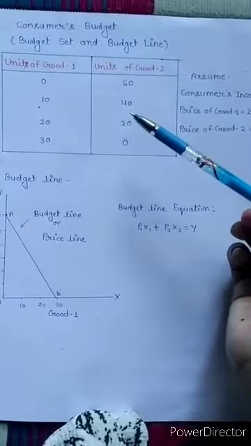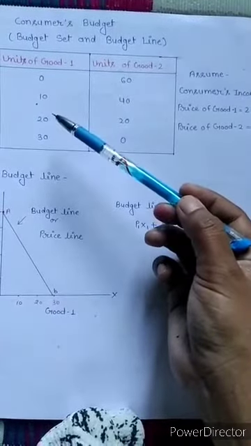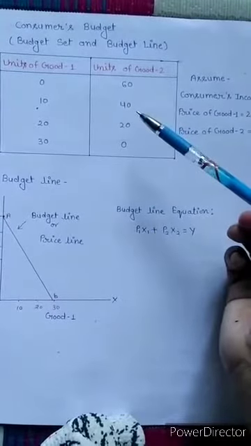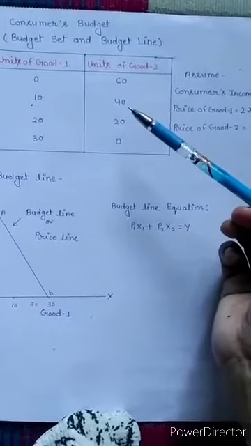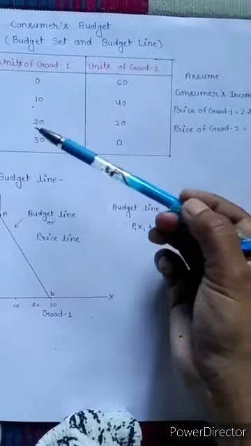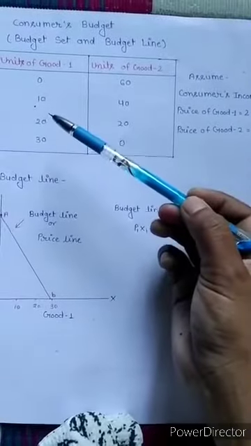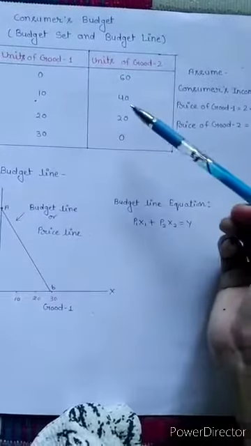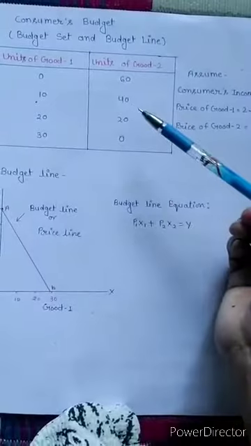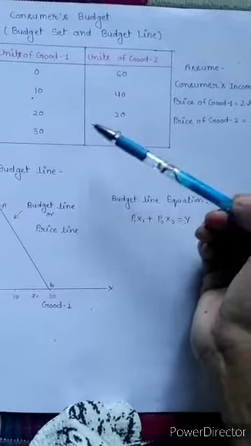And if the consumer purchases 10 units of goods 1 and 40 units of goods 2, he spends all his income on purchasing goods 1 and goods 2. He purchased goods 1, 10 units, means 20 rupees, and 40 rupees spent on purchasing goods 2.